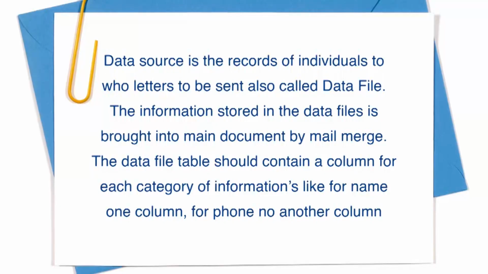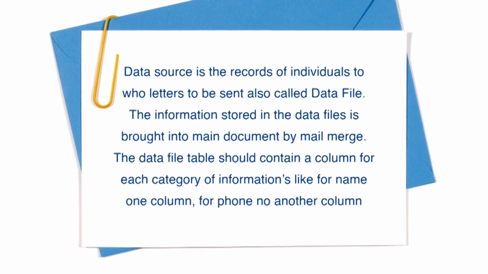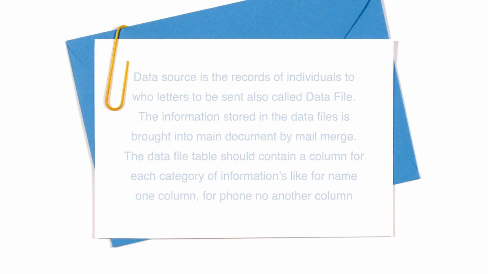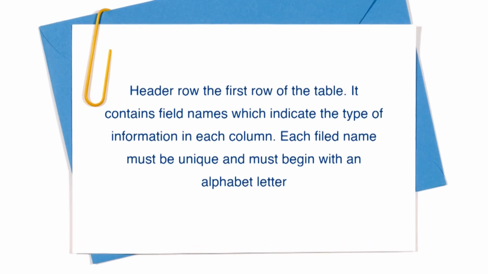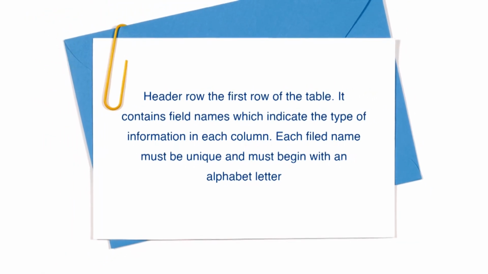The information stored in the data file is brought into the main document by mail merge. The data file table should contain a column for each category of information, like one column for name and another column for phone number. The header row, the first row of the table, contains field names which indicate the type of information in each column. Each field name must be unique and must begin with an alphabet letter.